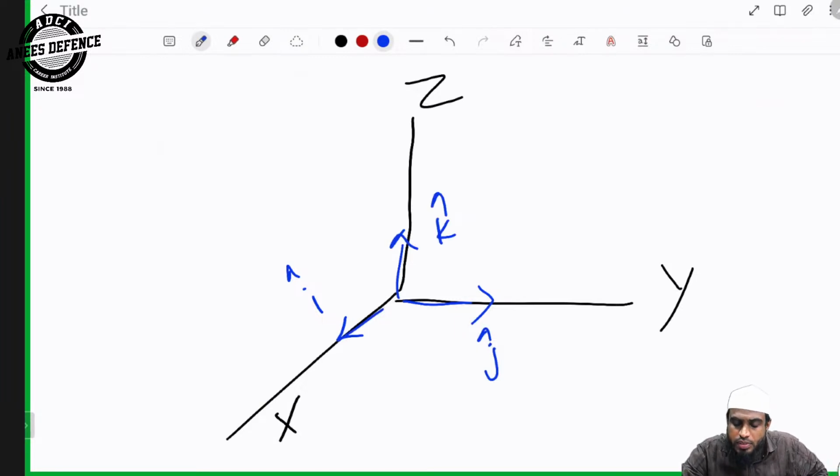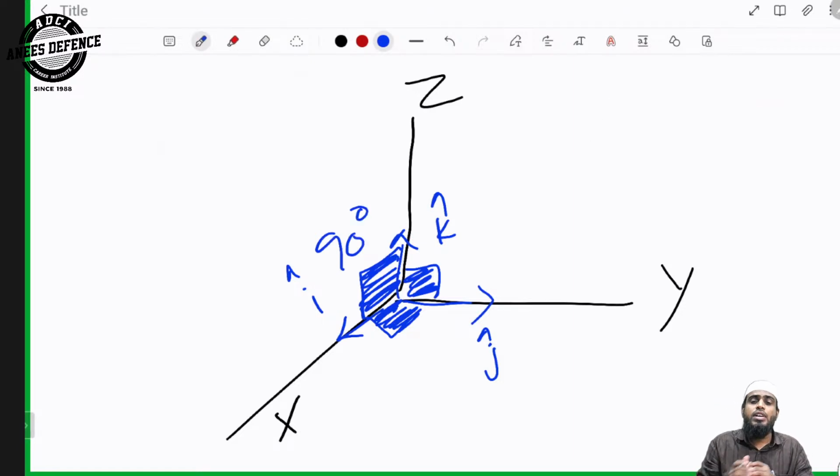So what is the angle between the two axes? X and y will be 90 degree and y and z will be 90 degree. Similarly, x and z is also 90 degree. Because I, j, k are the three unit vectors, they are mutually perpendicular also. I is acting in positive x direction, j is acting in positive y direction, k is acting in positive z direction.